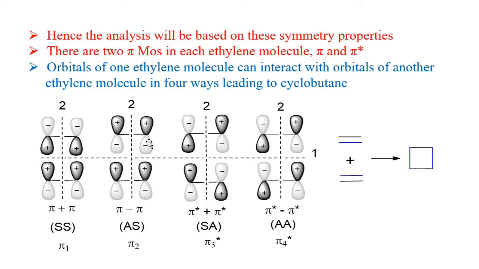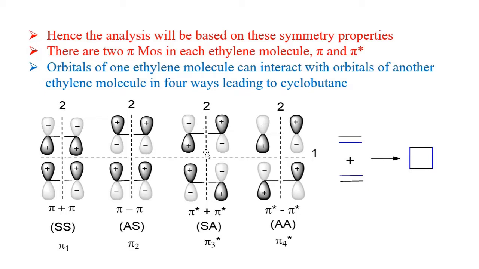These two molecular orbitals are not identical, and so it is anti-symmetric with respect to horizontal plane of symmetry 1, and with respect to vertical plane of symmetry 2, you can see this half is the mirror image of this half, so it is symmetric with respect to the vertical plane, and so S.